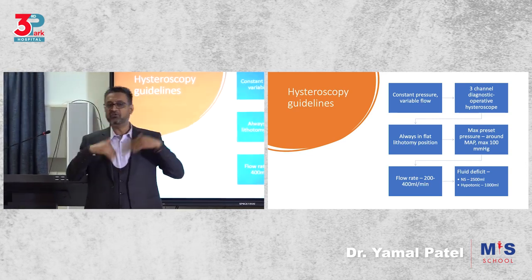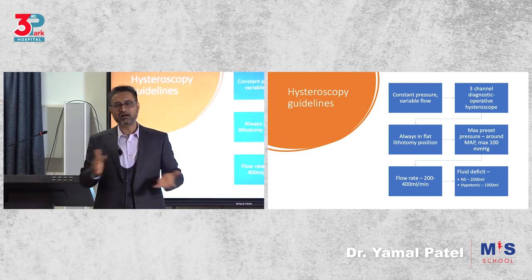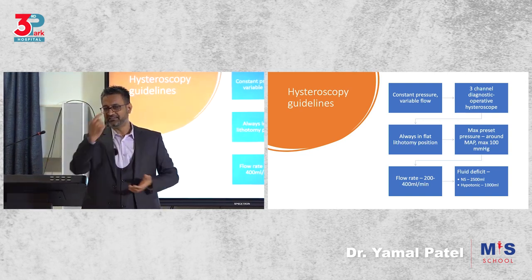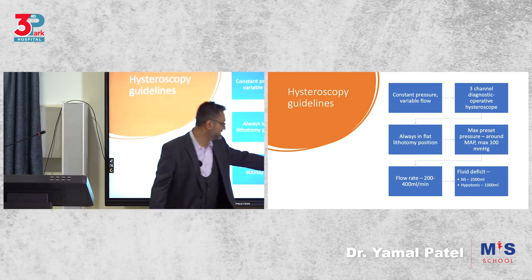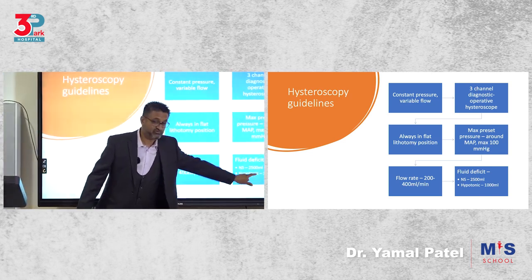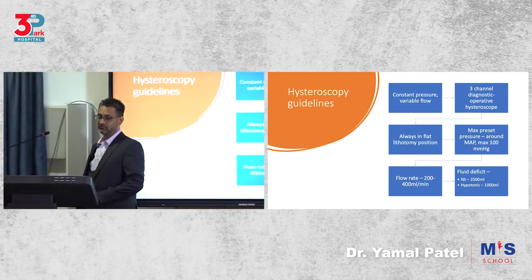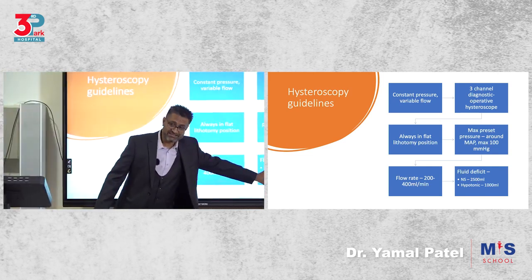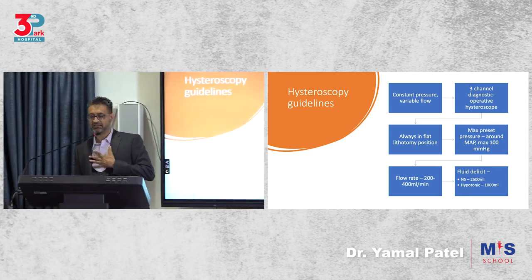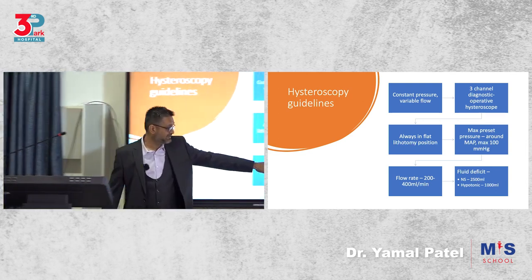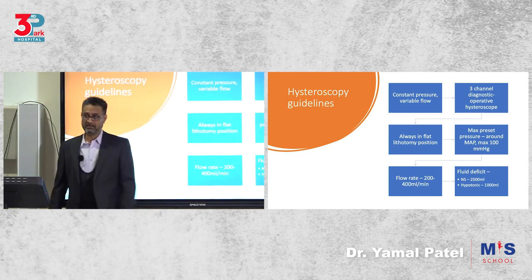You could use an in of 8 liters, but if you can account for 7 liters, your deficit is 1 liter. So your deficit should not cross this in normal saline and should not cross this in hypotonic solutions. This changes in a renally compromised patient or some people with cardiac issues. But this is in a normal young woman.